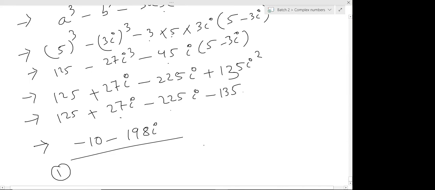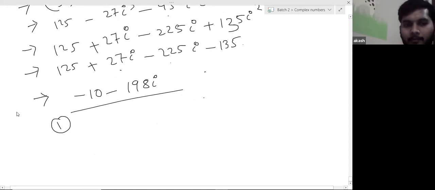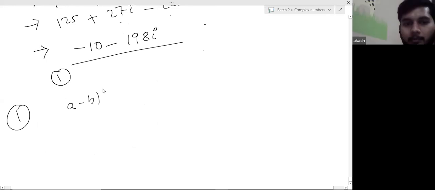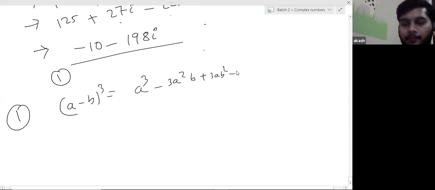Sir, I did it with the second formula, the other one. Can you explain that also? Okay, see. We have (a minus b) whole cube, a cube minus 3a square b plus 3ab square minus b cube.